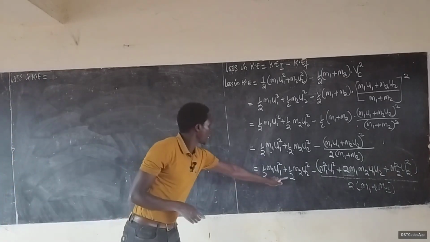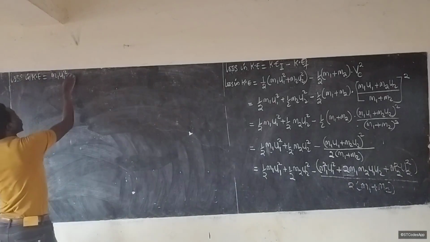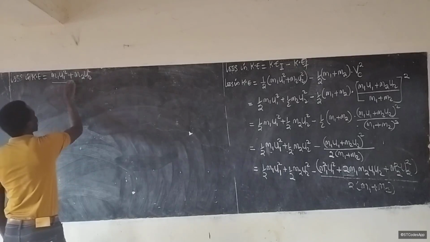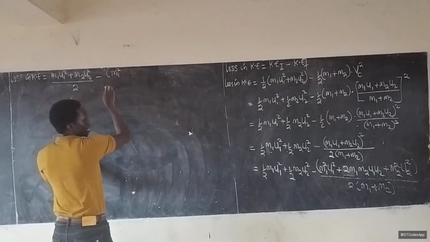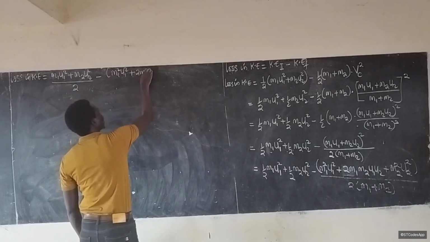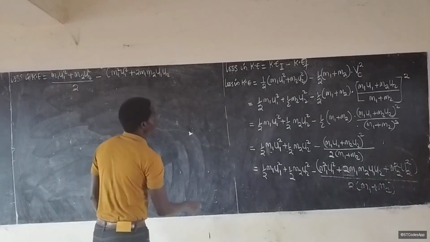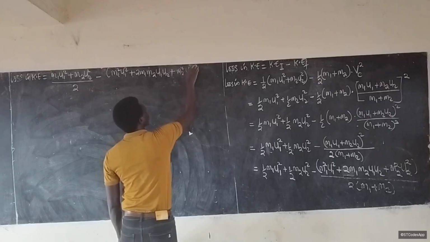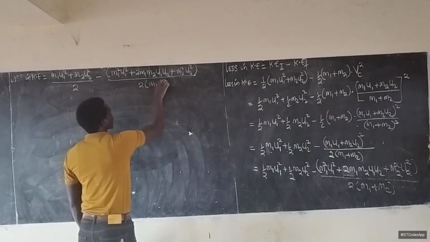So if I can add this, it is going to be M1 U1 square plus M2 U2 square, but out of 2, minus M1 square U1 square plus 2 M1 M2 U1 U2, then plus the other one becomes M2 square U2 square, and then out of 2 open the bracket M1 plus M2.